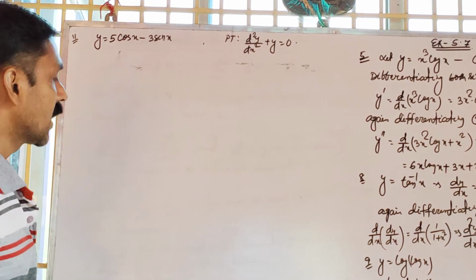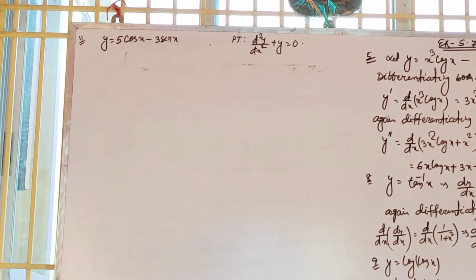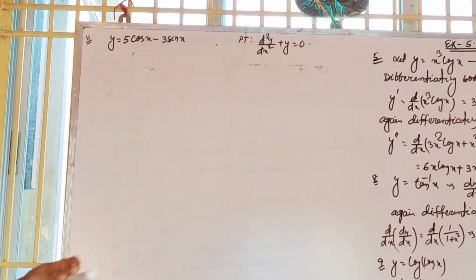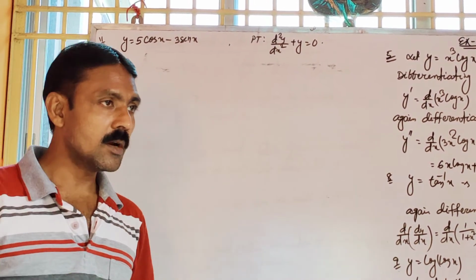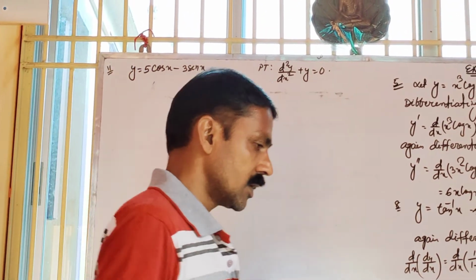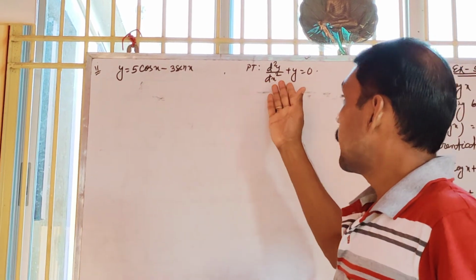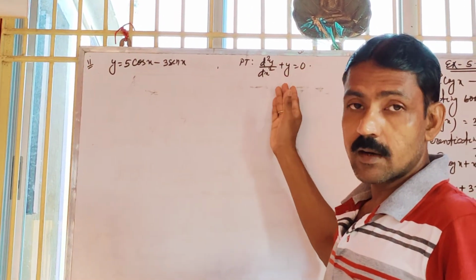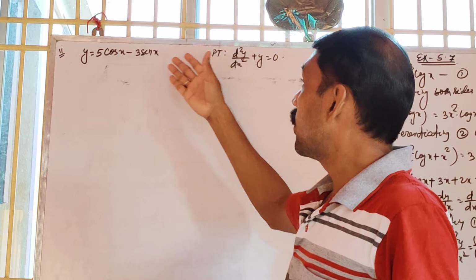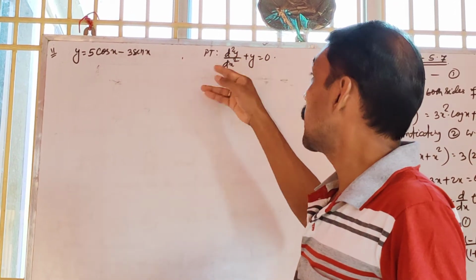Why is it easy? Here always you will be given y, or your equation will be given, and you have to prove something. So here two methods are there to prove this type of question. First method is find the first order derivative, the second order derivative, and then put the values in the equation and check whether it is satisfied or not.